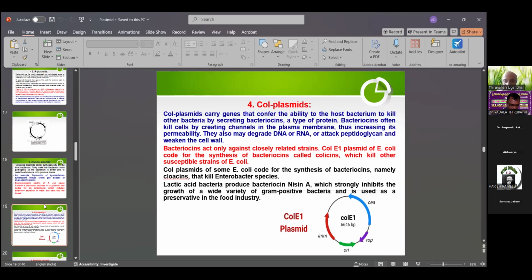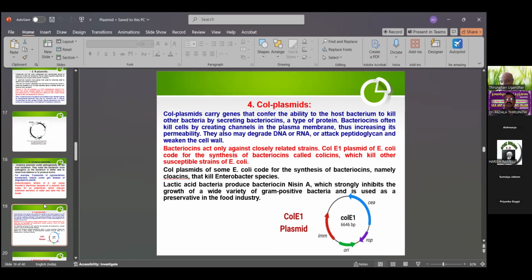Bacteriocins often kill cells by creating channels in the plasma membranes, thus increasing permeability. They may also degrade DNA or RNA or attack peptidoglycan and weaken the cell wall, through the plasma membrane channels.